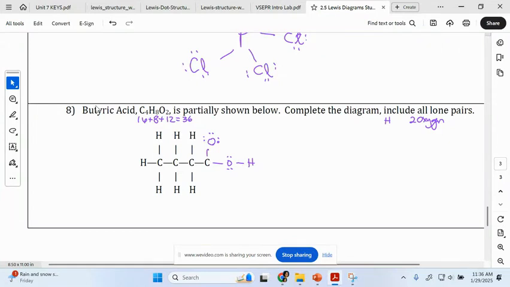It needs 8. So what I'm going to do is I'm going to pull these 2 electrons out, and I'm going to do a double bond here between that oxygen and the carbon. And that's going to give me my full octet and give me all 36. Not with the hydrogen attached to it.